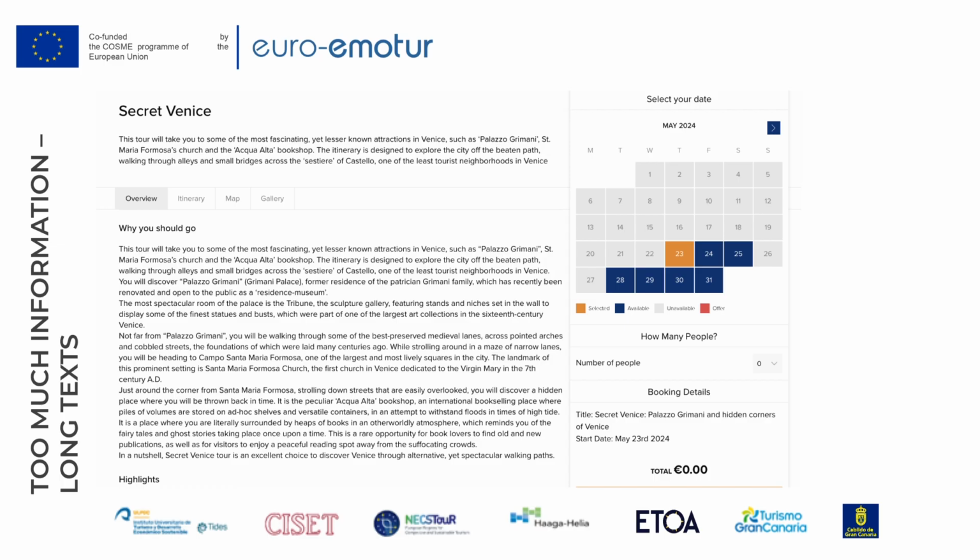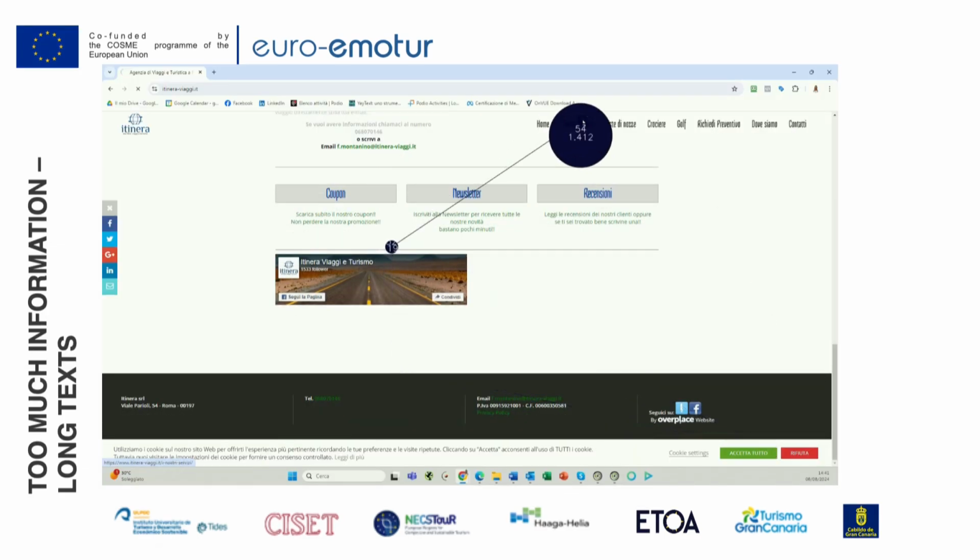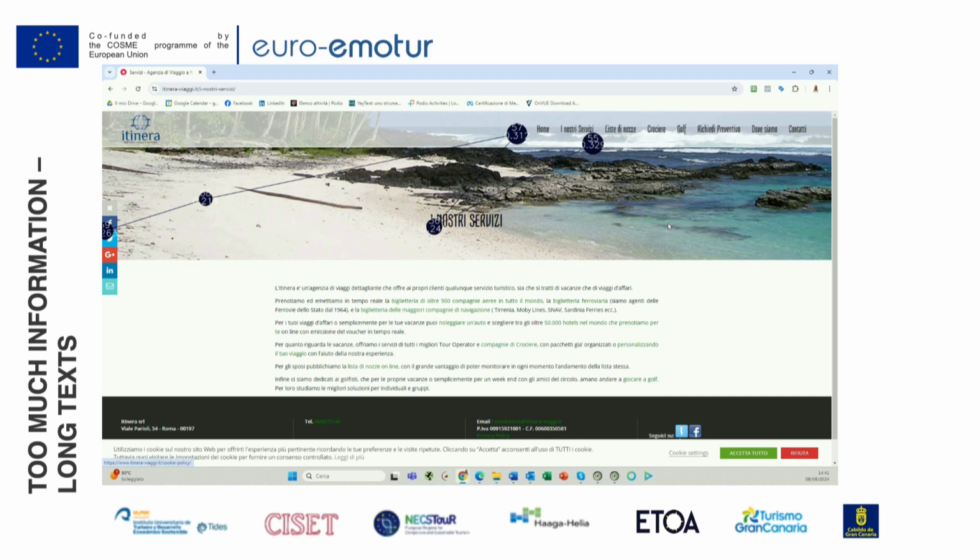We see here an example. In this case, it is a description of the services provided by the operator. You can see that the user starts by reading the whole text at the very beginning, and we can observe this in the gaze plot representation: it stops on the words and reads the whole text.